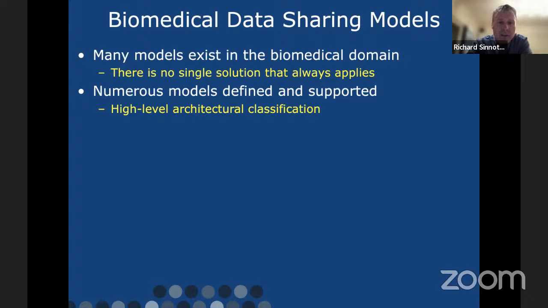And if I had to generalize the way how we do it right now, there are a range of data sharing models I've looked into in my team over the last 20 years, I guess you could say.